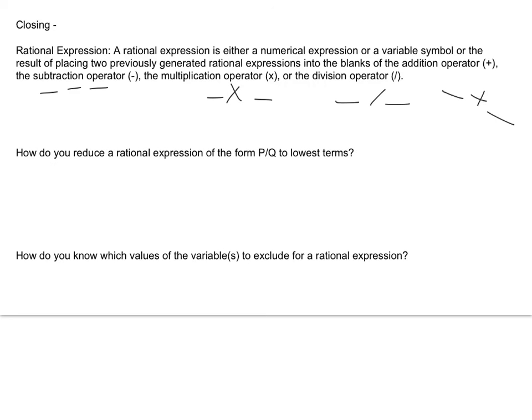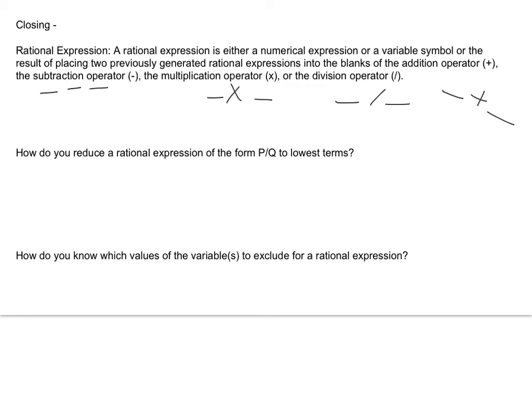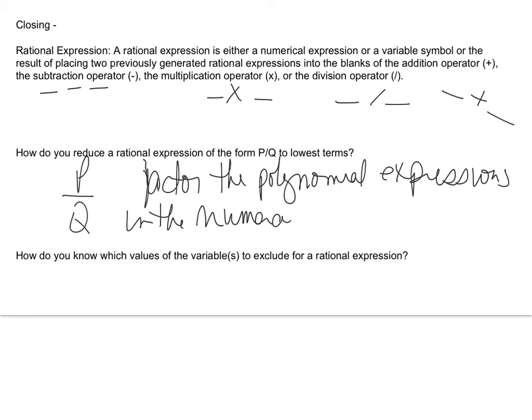How do you reduce a rational expression in the form, oh goodness, P over Q, okay? We're going to factor the polynomial expressions in the numerator and denominator.